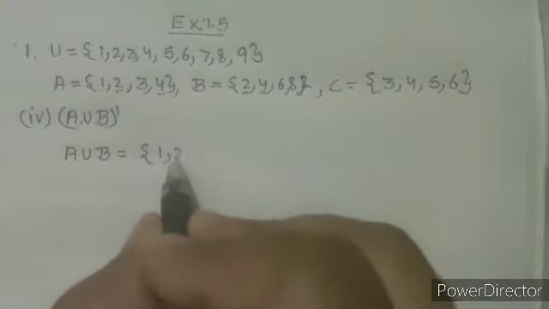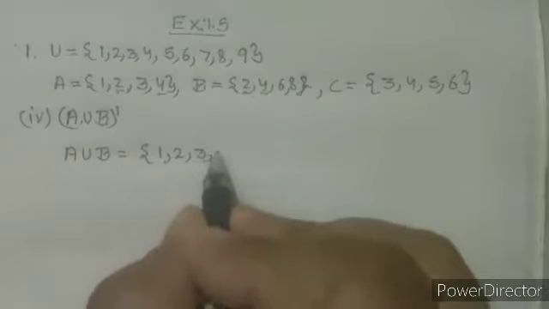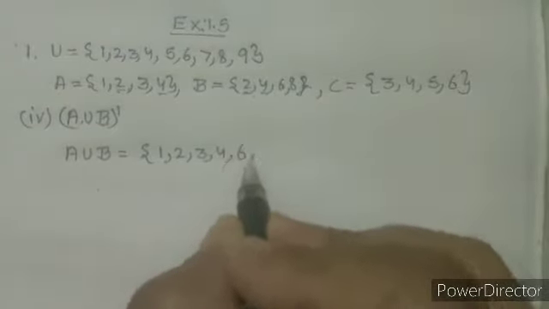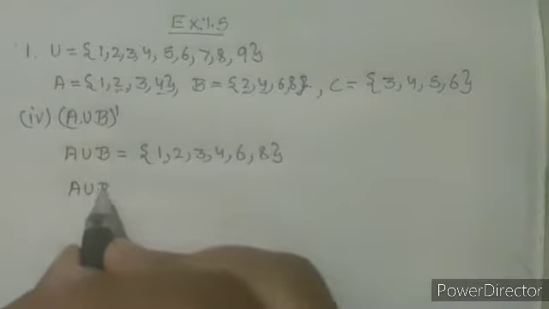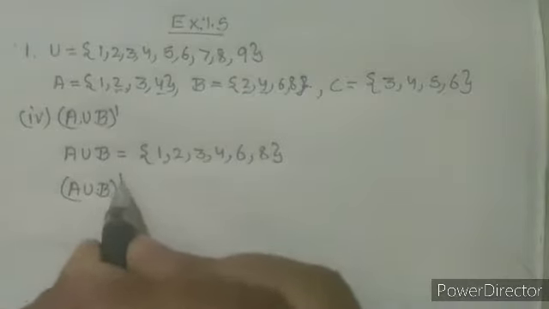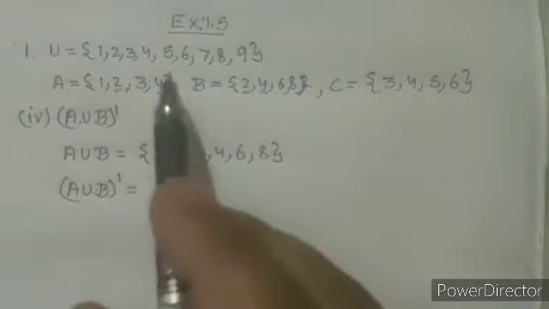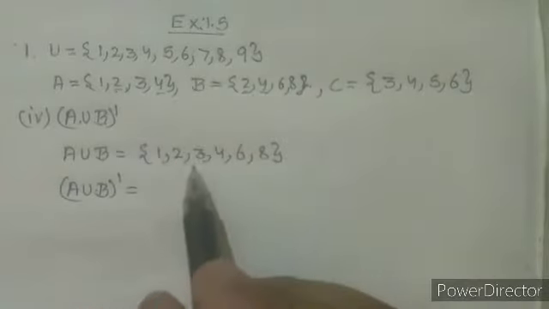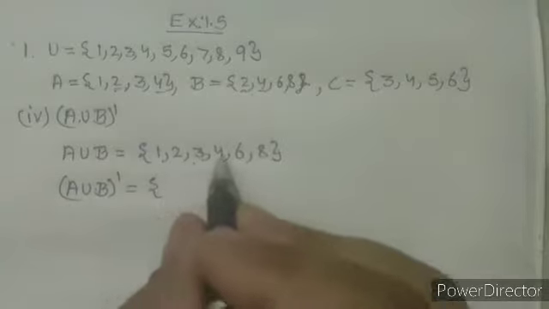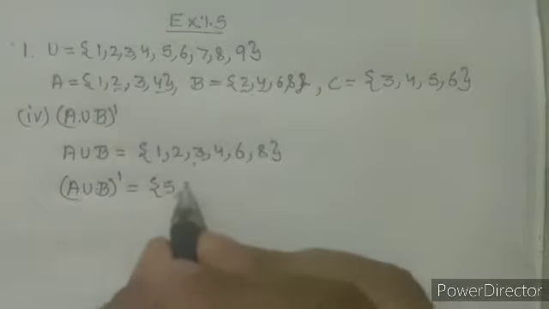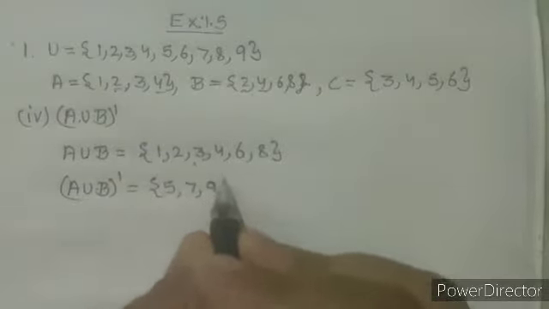So, these will be 1, 2, 3, 4, 6 and 8. Now A union B whole complement will be the elements of the universal set which are not in A union B. Now those are 5, 7 and 9.